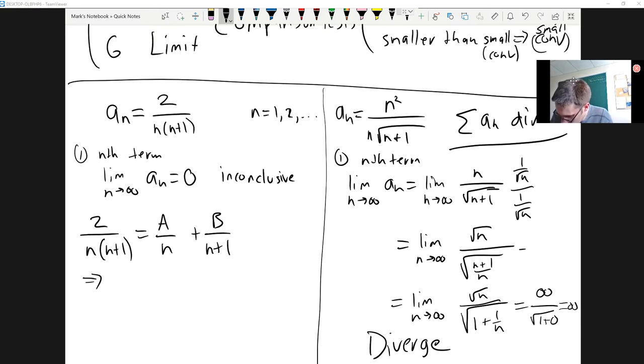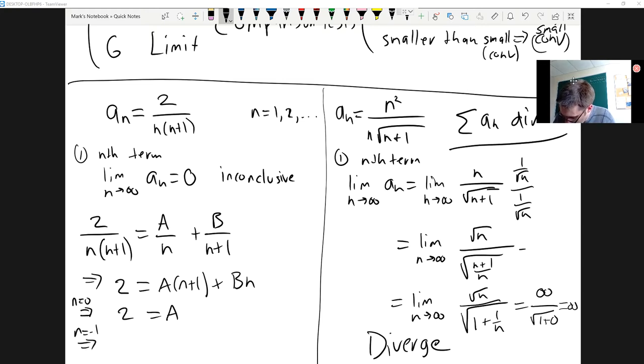And we can multiply through by the denominator, and we'll get 2 equals a times n plus 1 plus bn. If we choose to plug in n equals 0 here, we'll get 2 equals a. And if we choose to plug in n equals -1 here, we'll get 2 equals -b. And so there we go.